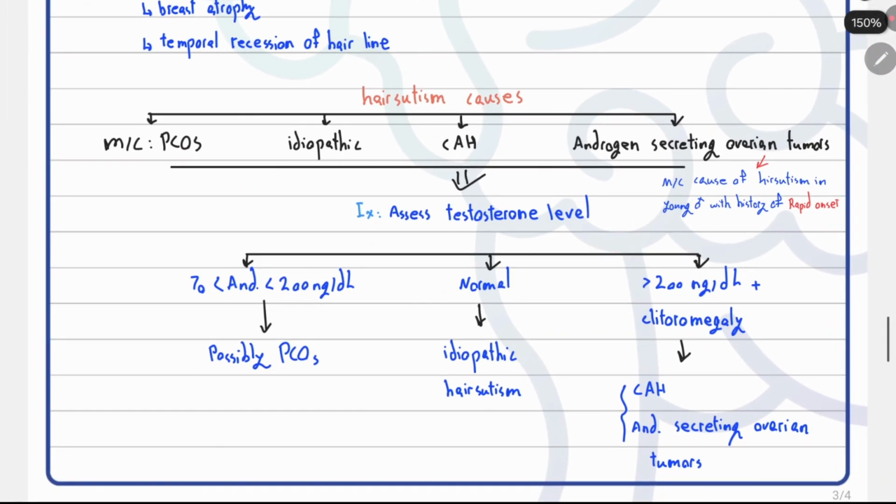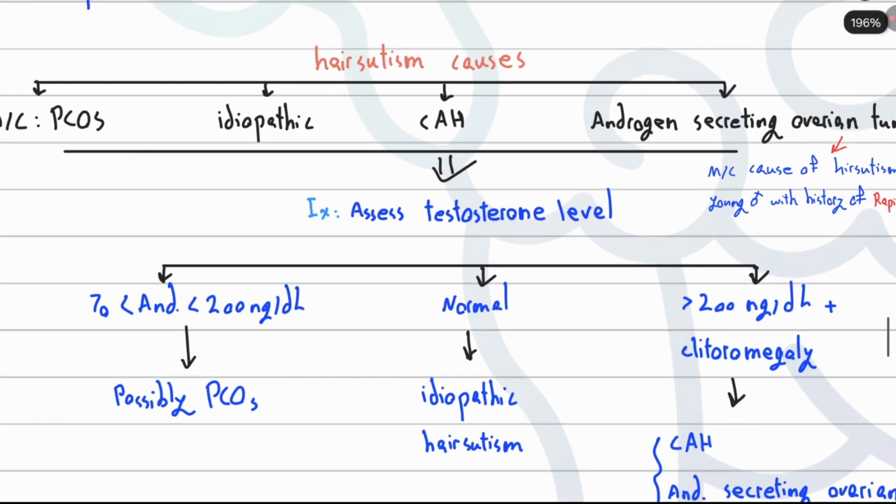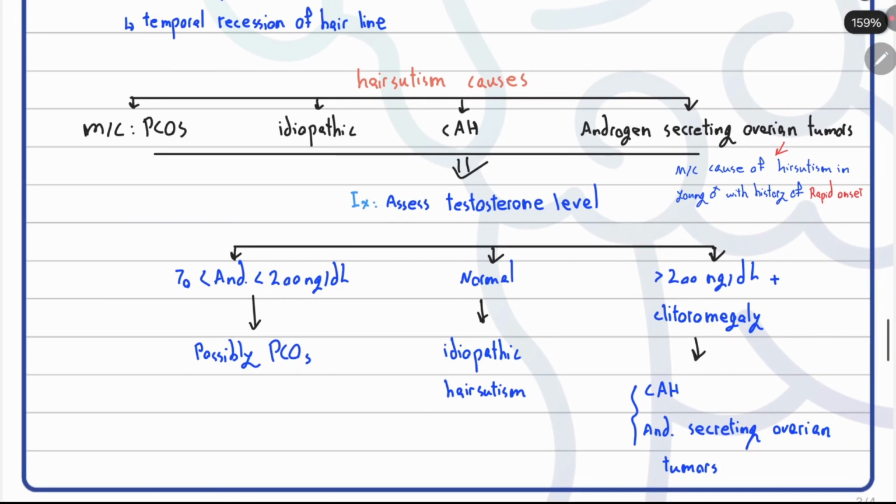How can you recognize what is the cause of this hirsutism in this patient? So the investigation that you have to do, as the first step, is to assess testosterone level. If the concentration of androgens like testosterone is between 70 to 200 nanograms per deciliter, we say, okay, it is possibly PCOS, Polycystic Ovarian Syndrome.